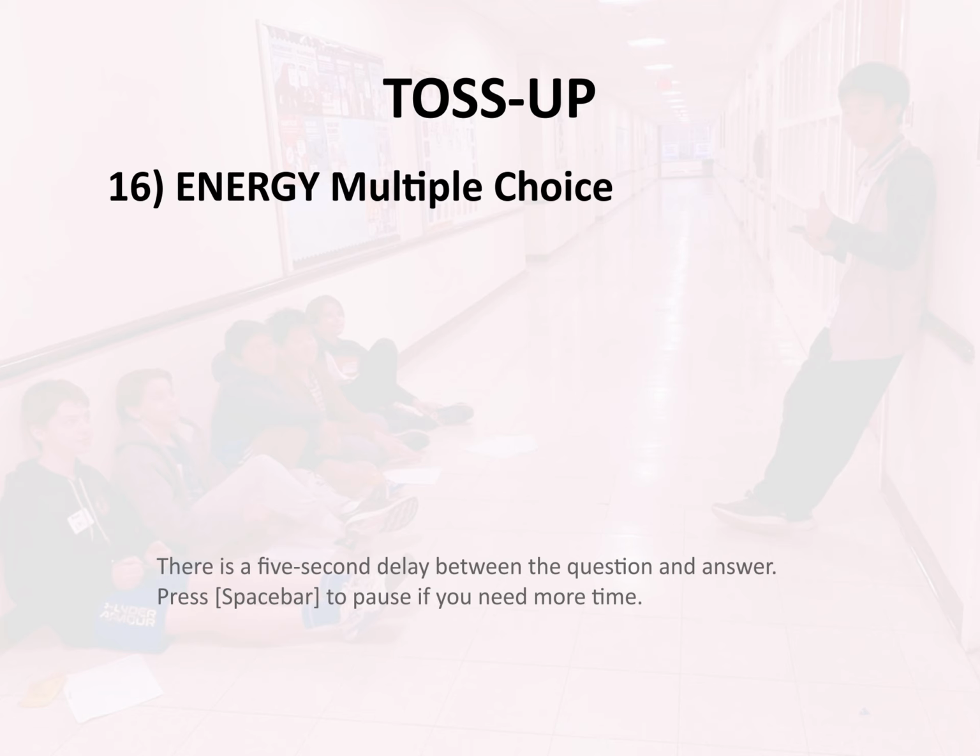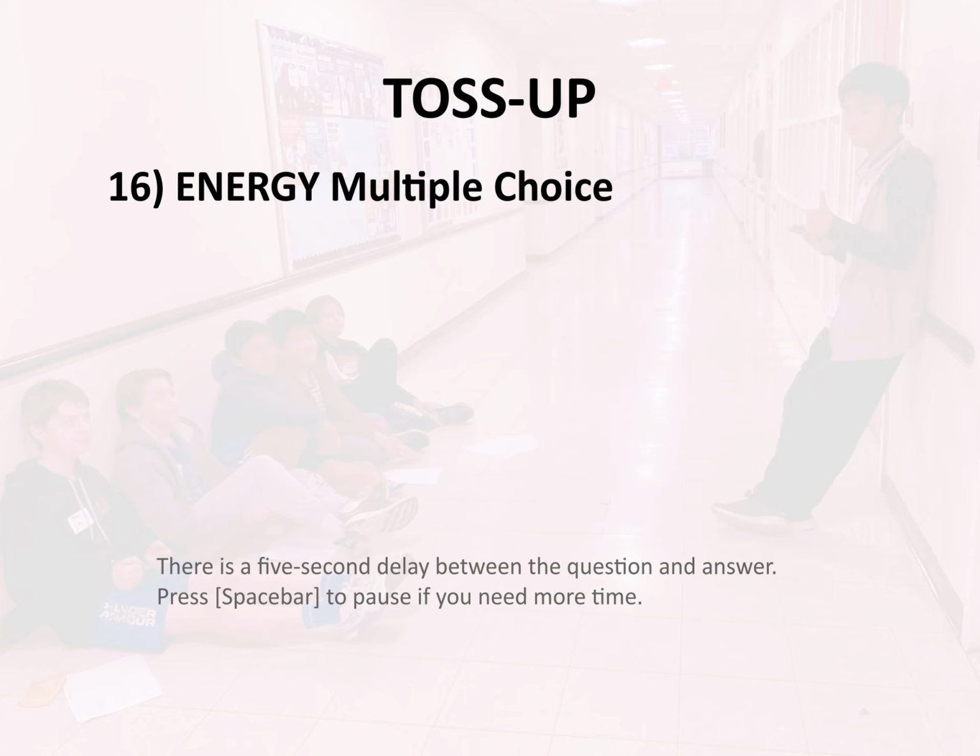Toss-up 16. Energy multiple choice. Which of the following statements about coal is true? W. Over 50% of the coal mined in the United States is bituminous, X. Lignite has the highest energy content of all coal varieties.